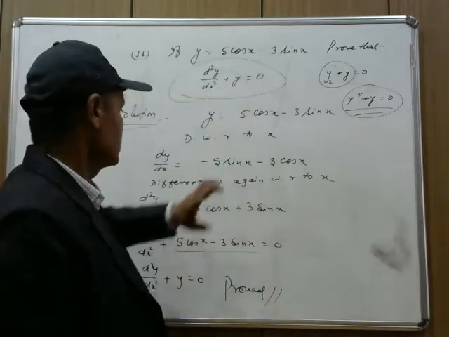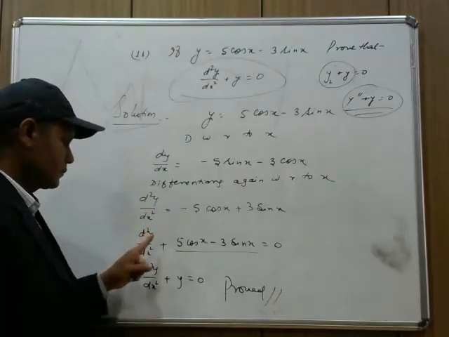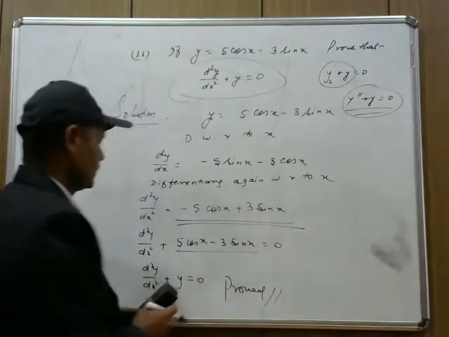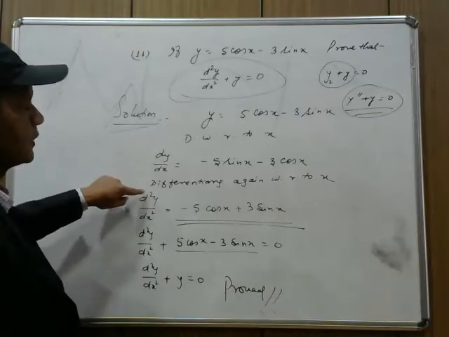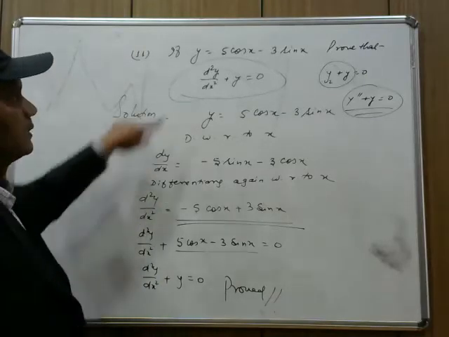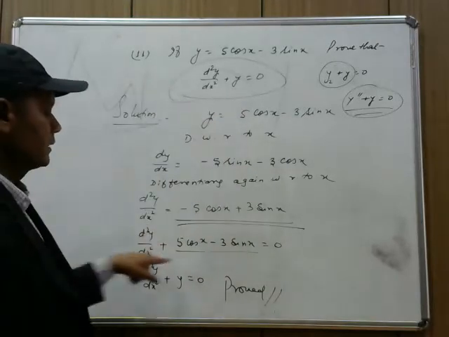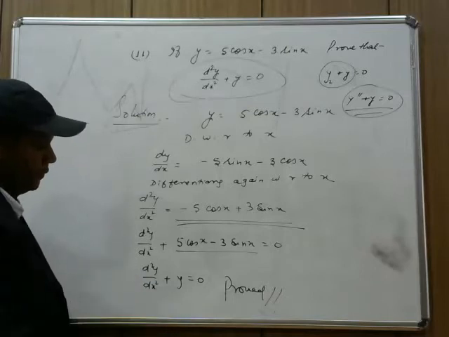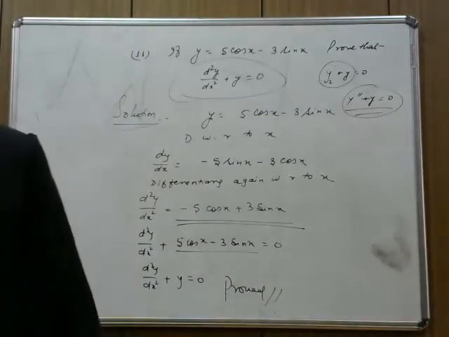For this question, suppose the second differentiation d2y by dx square is equal to minus 5 cos x plus 3 sin x. Now I will put this value of d2y by dx square in the given equation, and again put the value of y, and certainly I will get the answer 0, and that can also be done.